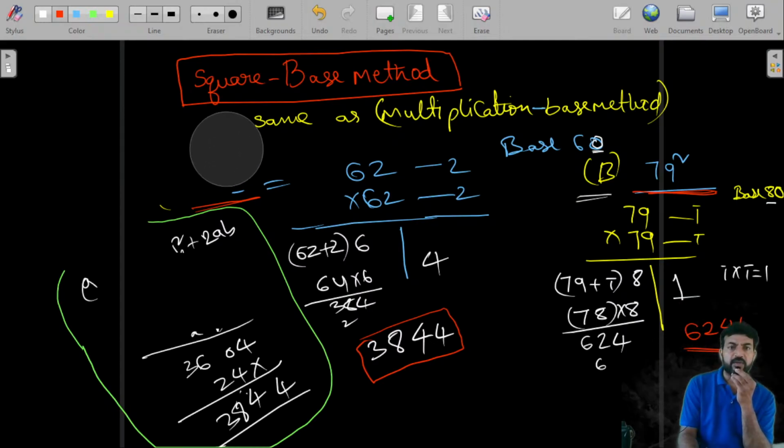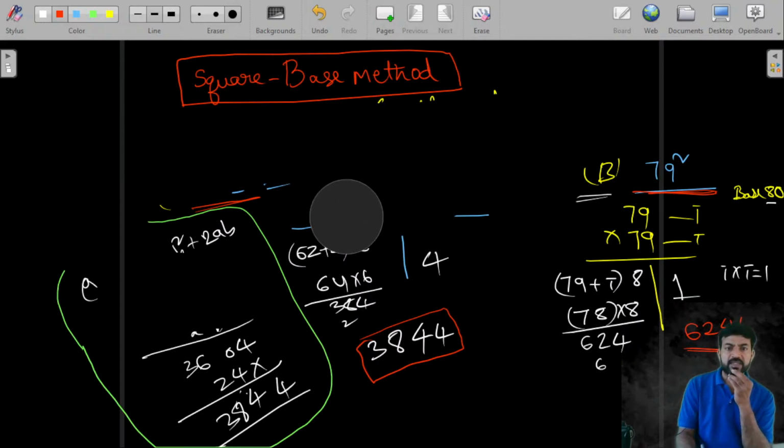So in this way you can do squares also using this base method.